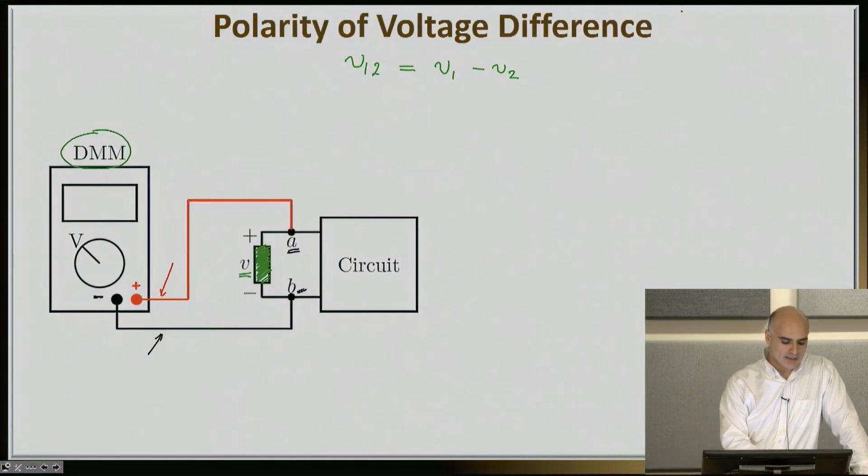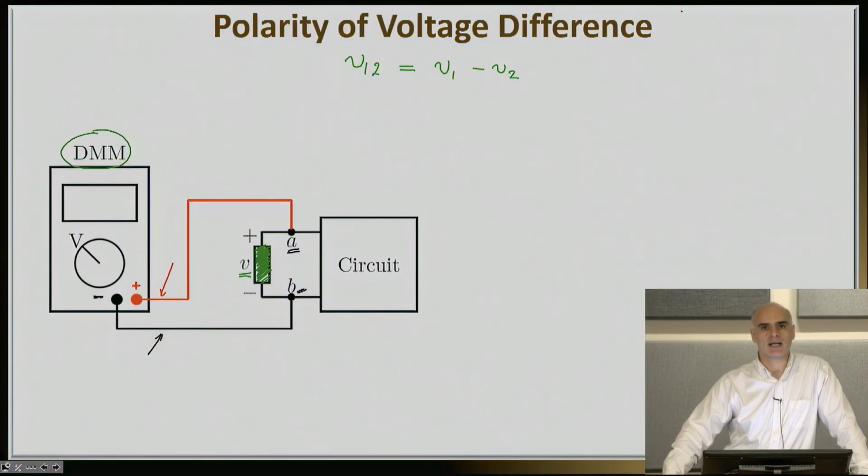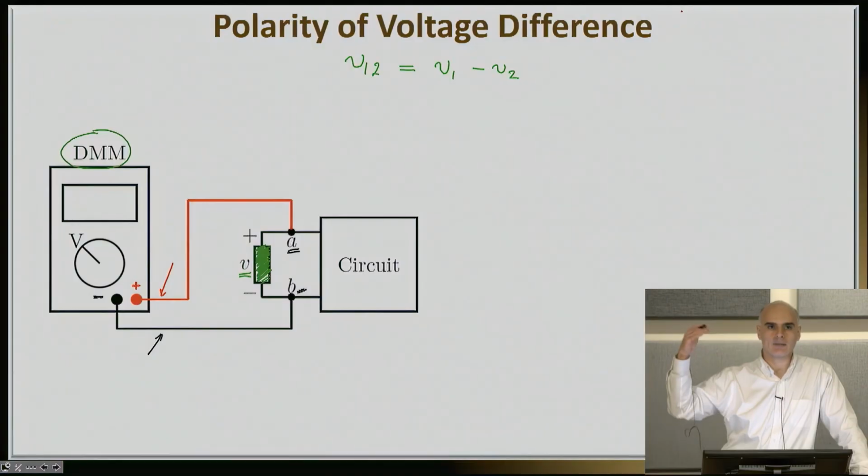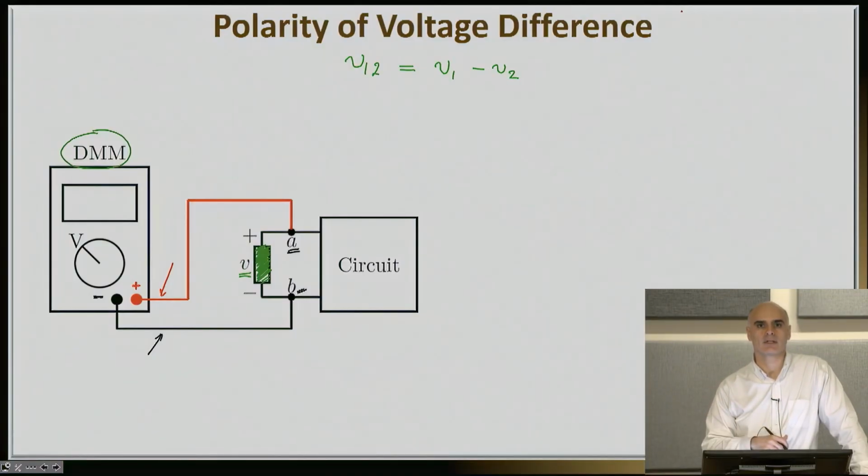When you connect the red cable to the plus and the black cable to the minus in the lab, you will basically make an assumption that the point on the red cable is at a higher potential than the point on the black, the negative cable. This may or may not be true, but you're making this assumption when you're conducting the measurement.